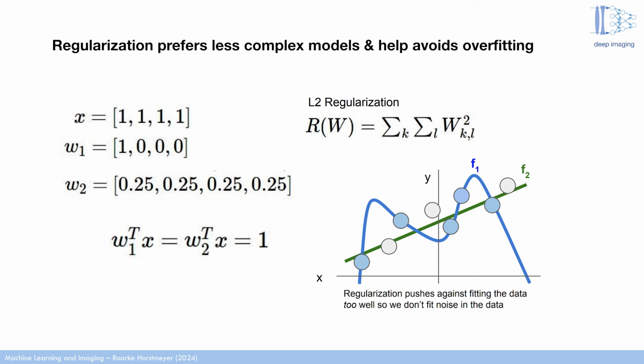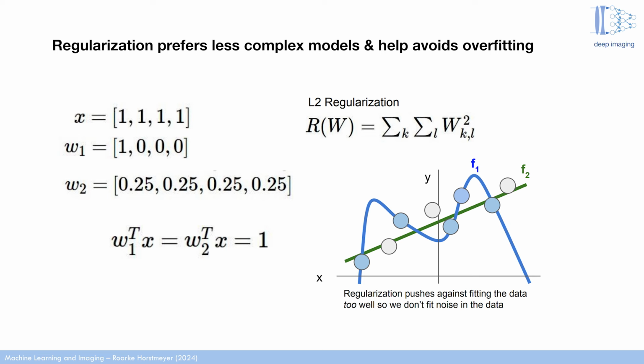A second option is the weight vector that's 0.25, 0.25, 0.25, 0.25. In each scenario, they'll classify this input example x to the same value, 1, assuming this is a linear classifier.